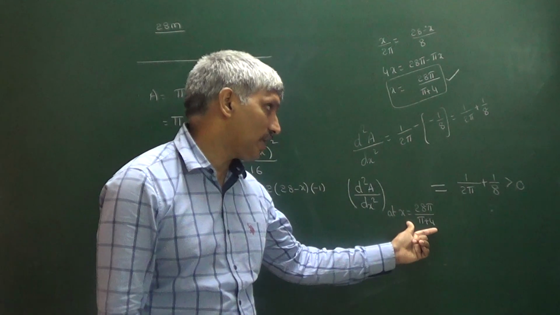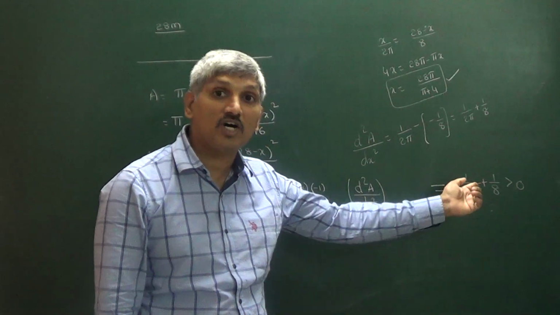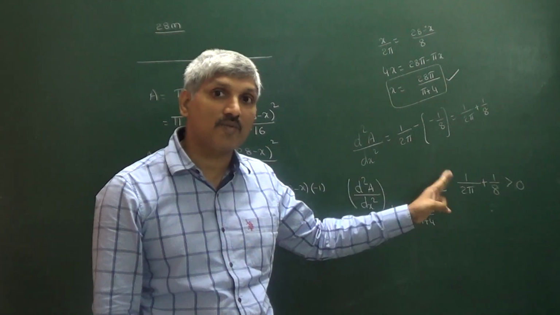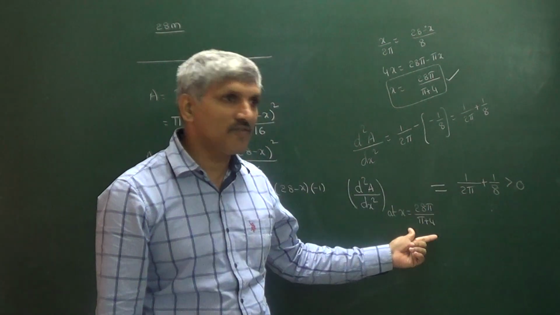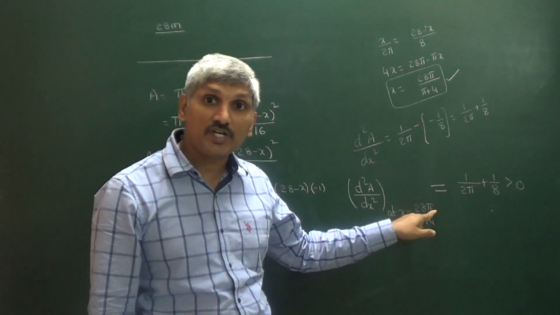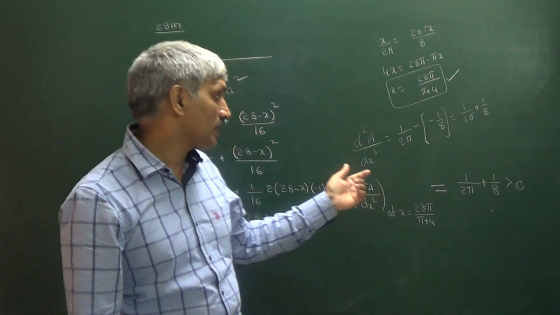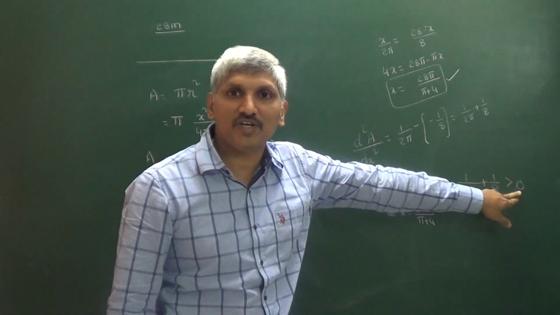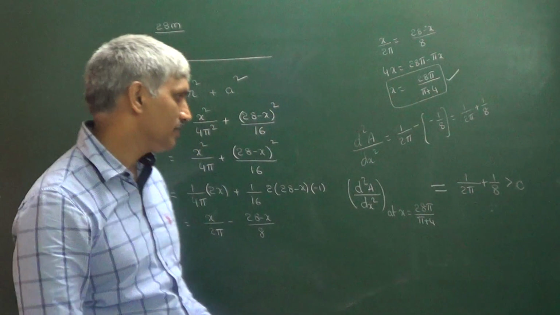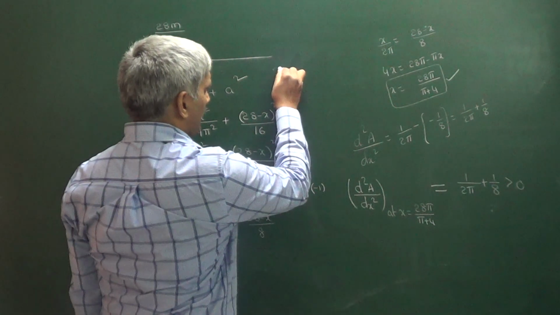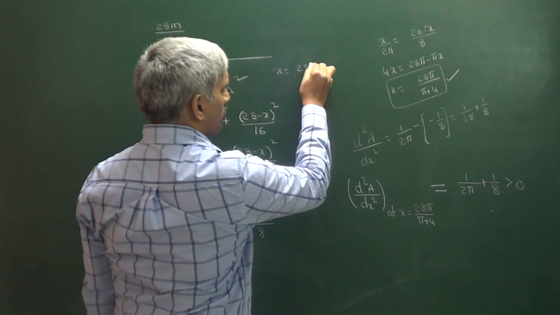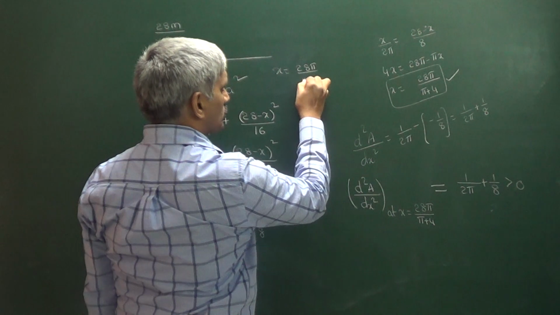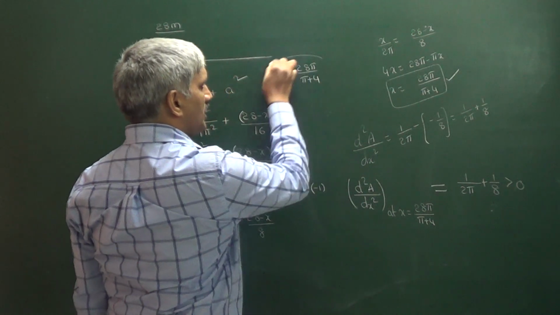For this x value, the double differentiation we got is greater than 0. This step is compulsory, we have to show. Then only we can say that at x equal to 28 pi by (pi plus 4), the combined area is minimum. Second derivative we got greater than 0, so minimum we can say.